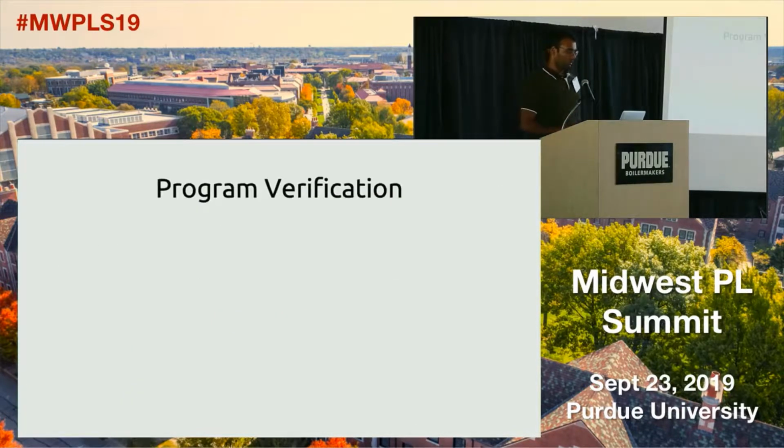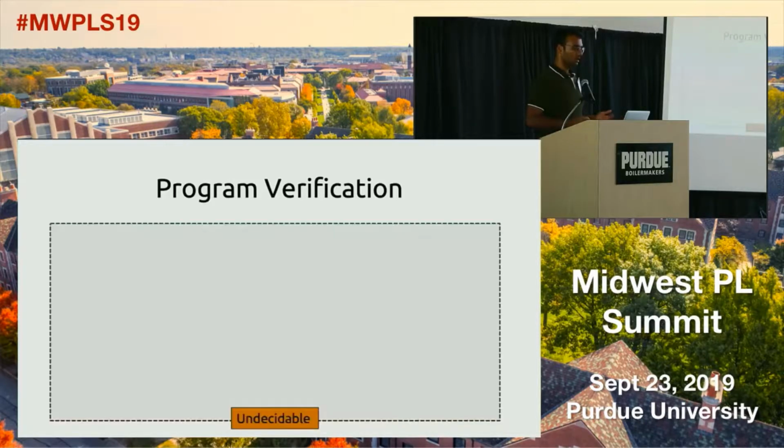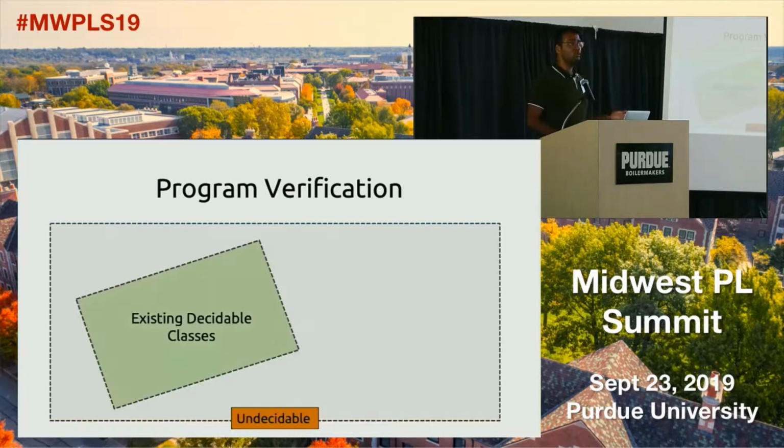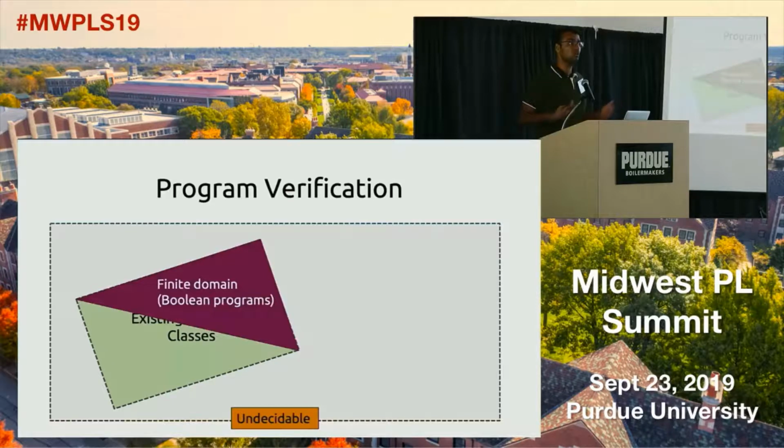Okay, so let me make a rather obvious statement here. Program verification is undecidable in general, and while we do know of existing decidable classes, most of them are either those that are meant to work on finite domains, so essentially Boolean programs, or things like Petri nets.